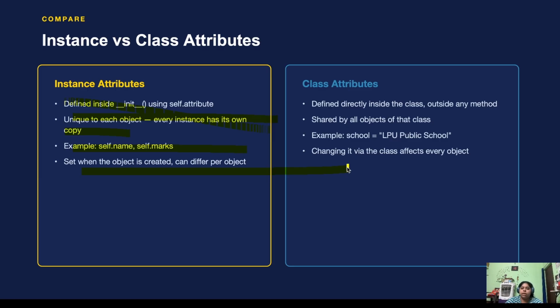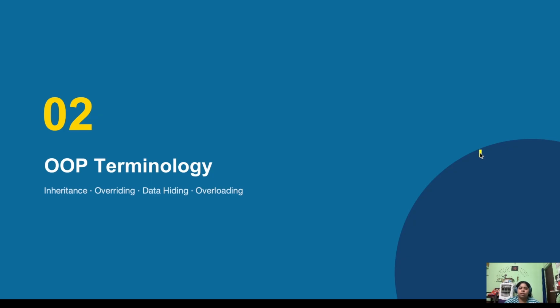For different objects it is different, and it can be easily set with the help of dot notation. Apart from that, class attributes are defined directly inside the class outside any method, right? Shared by all objects of the class, and changing it via the class affects every object.